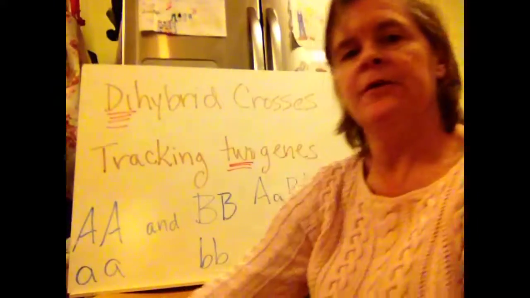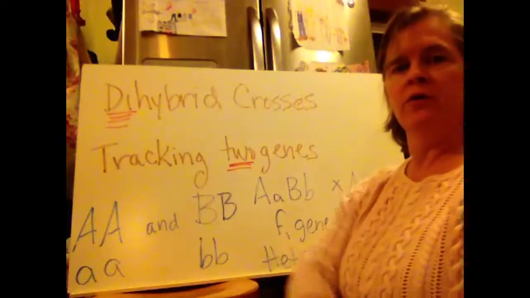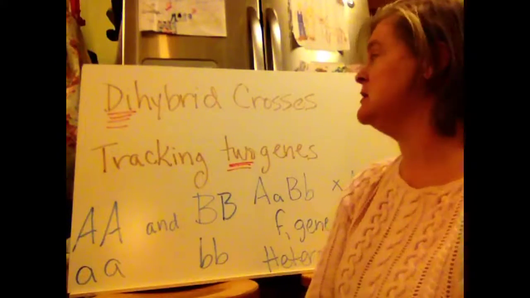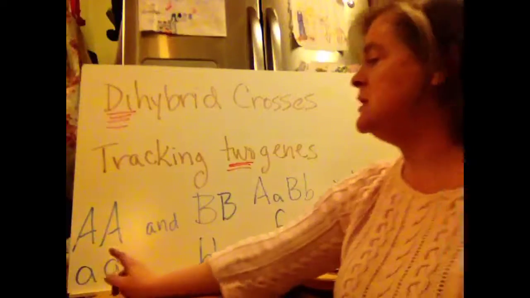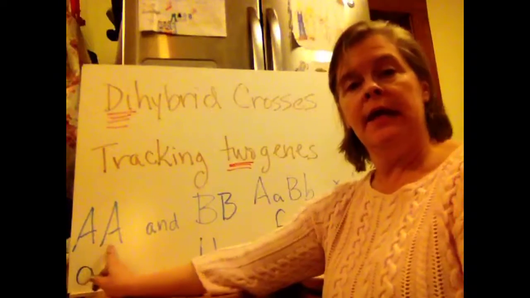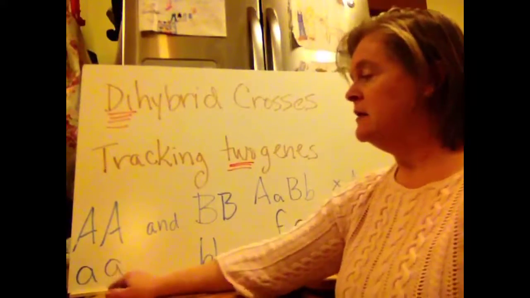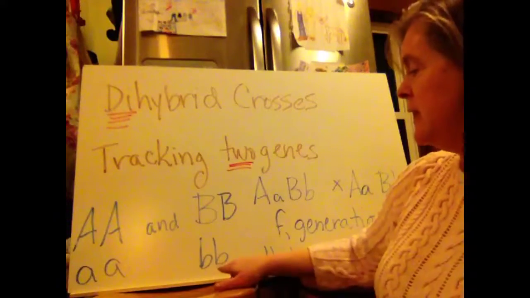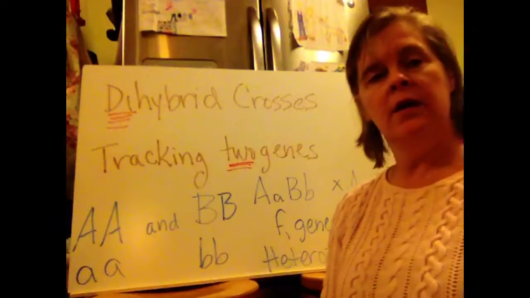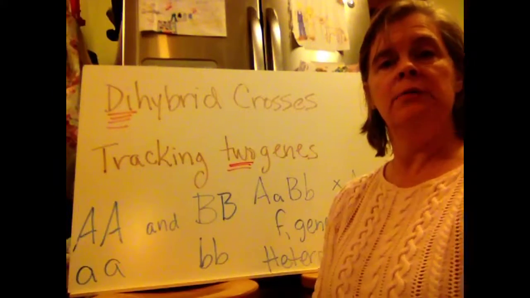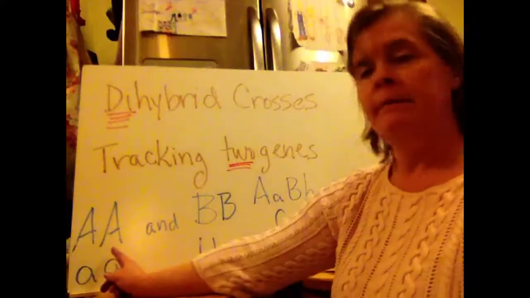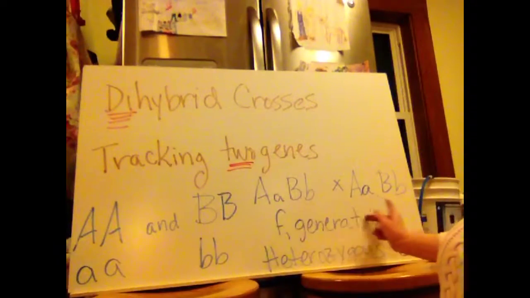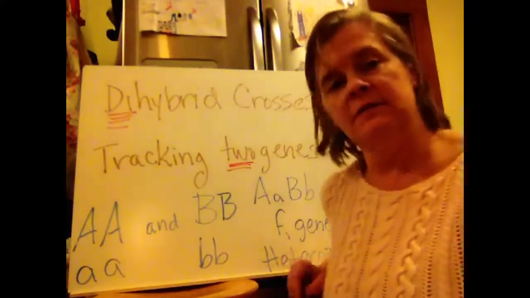Now we're going to refer to the dihybrid cross, or looking at 2 different genes. Here we're tracking 2 genes, and we'll label them as A dominant, a recessive, B dominant, and b recessive. And when you cross the purebred A's and the purebred B's, you end up with the heterozygous condition for both.